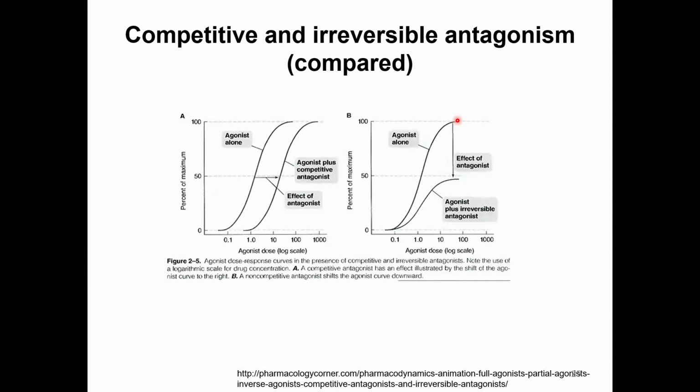So every time a receptor encounters an irreversible antagonist, that receptor is kicked out of the swimming pool. It's not going to do anything from there on out, okay? And there are a few drugs that are like that. They can be dangerous drugs because usually if you have an unwanted effect coming from a drug, what does the doctor say?